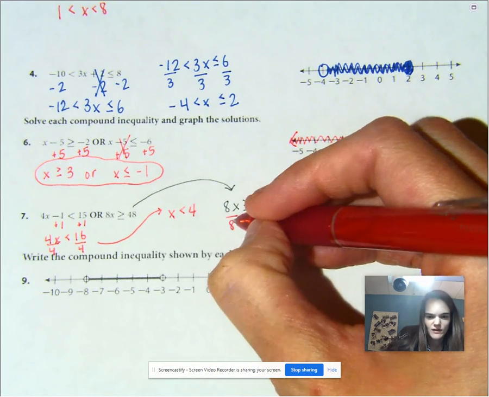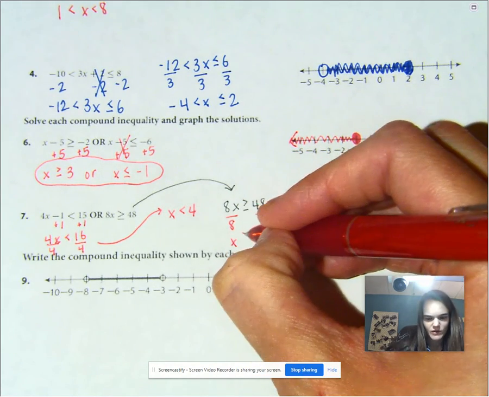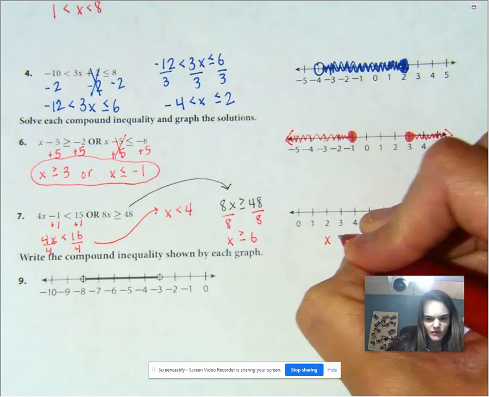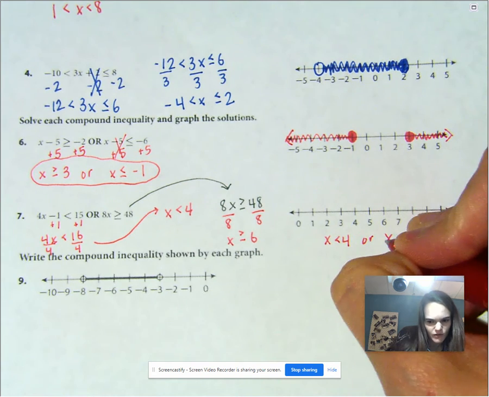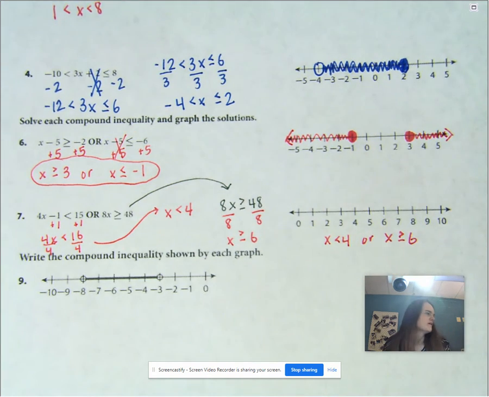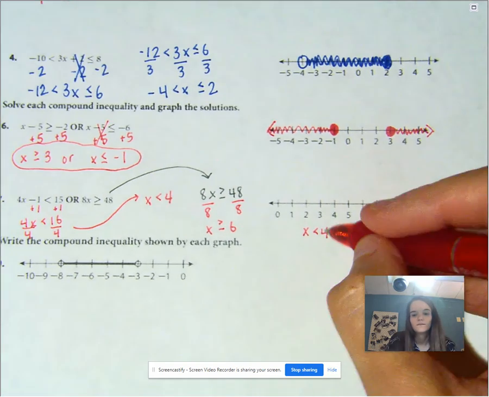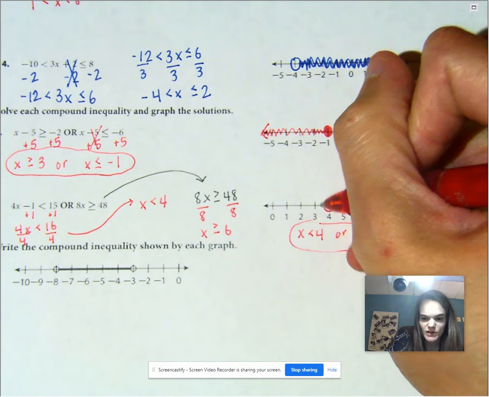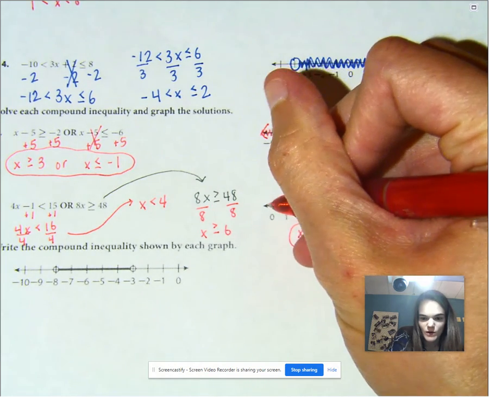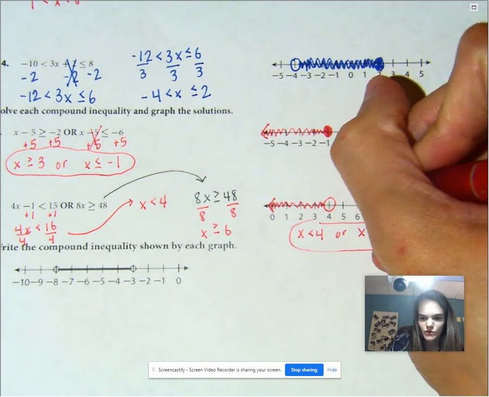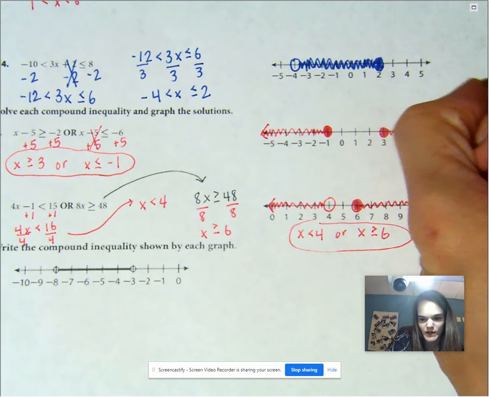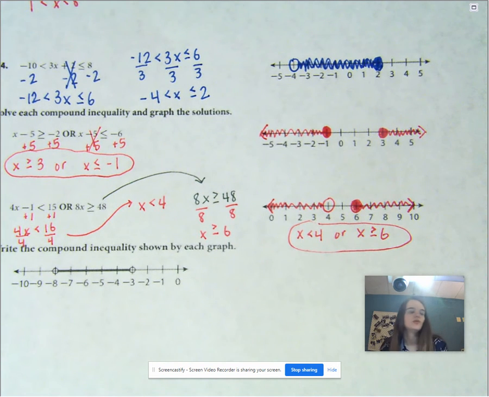Divide by 8. X is greater than or equal to 6. I'm going to write the answer over here. X is less than 4, or x is greater than or equal to 6. Okay. Again, I'm going to graph it. Open circle on 4, shade to the left because it says x is less than 4. Close circle on 6, shade to the right because it says x is greater than or equal to 6.